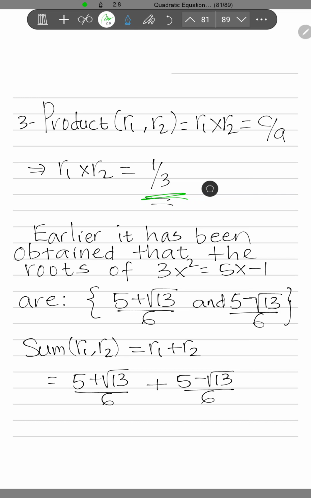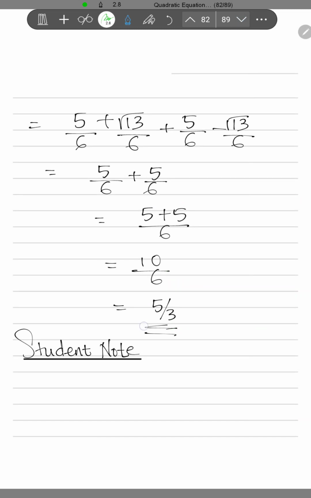Earlier, it's been obtained that the roots of 3x squared is equal to 5x minus 1, we have done this example, are 5 plus root 13 over 6 and 5 minus root 13 over 6. The sum of these two roots, we can add them here, and we end up with 5 over 3. The sum of these roots is 5 over 3. It's simple. We can see it here.